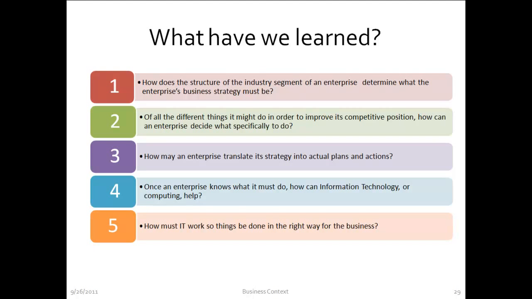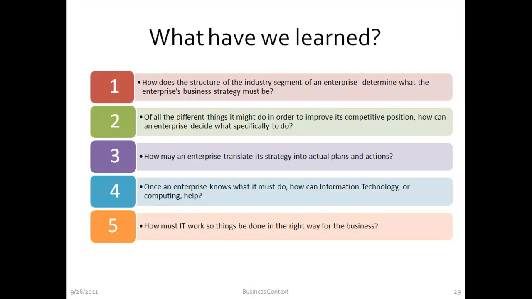So what did we cover in this lecture? We used Porter's model to understand how the structure of the industry segment of an enterprise determines the enterprise's business strategy. We used the value chain to understand how an enterprise can decide what business components or processes to focus on in order to improve its competitive position.